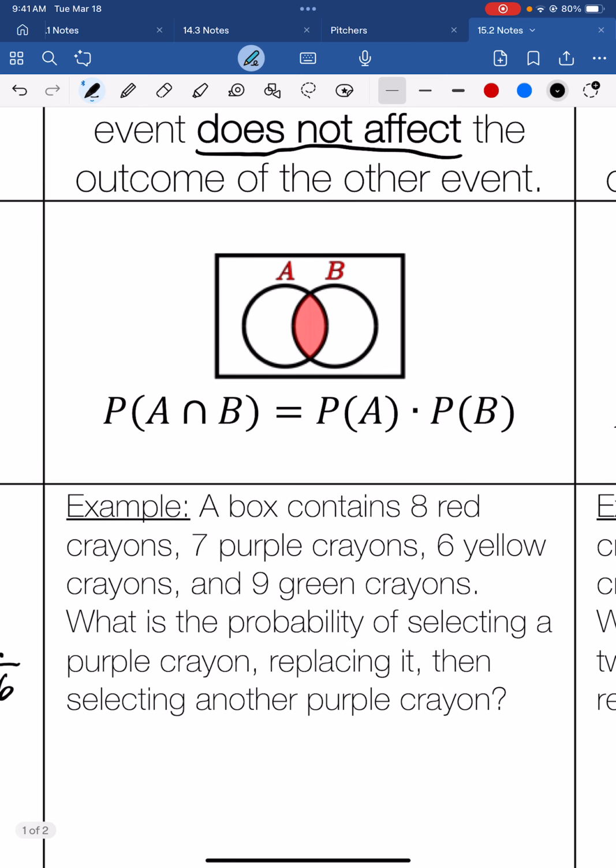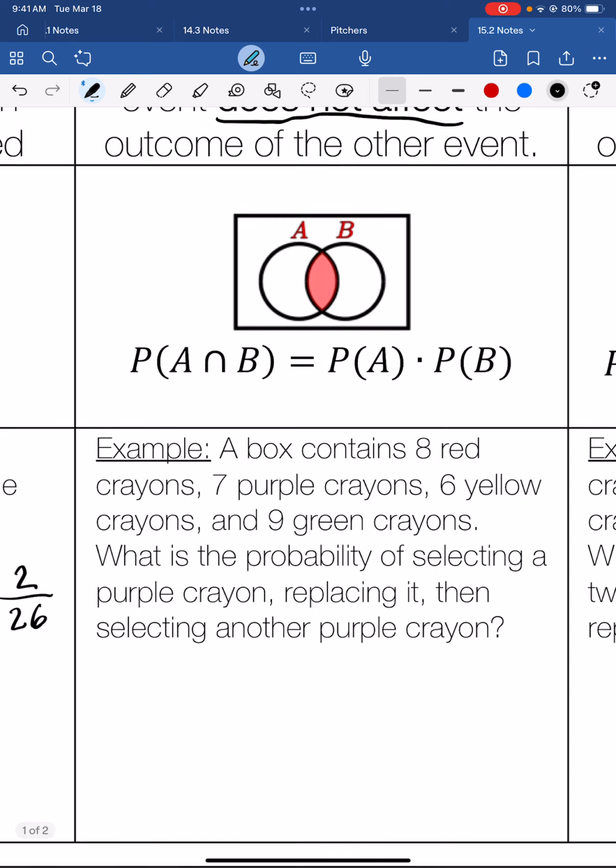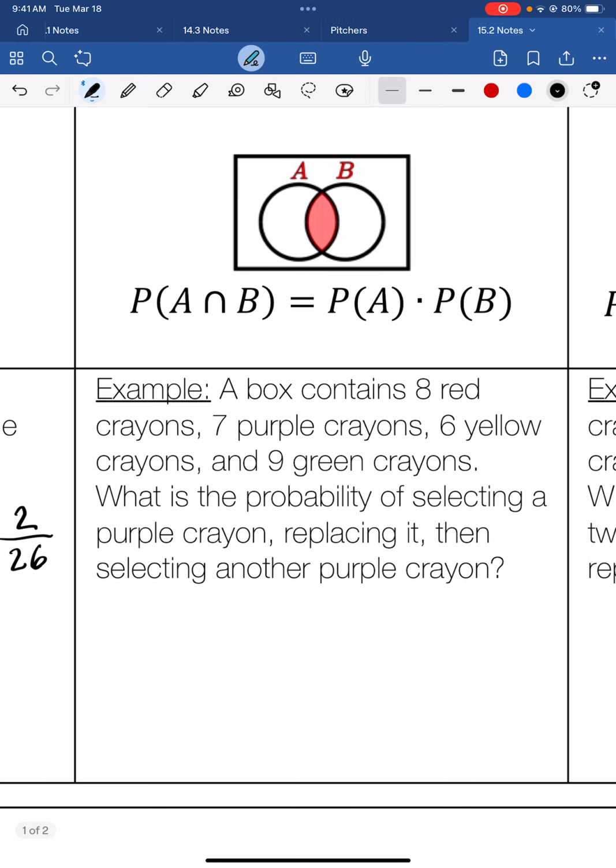It says a box containing 8 red, 7 purple, 6 yellow, and 9 green crayons. What is the probability of selecting a purple crayon, replacing it, and then selecting another? Replacing it just means putting it back in to the box. We're not taking it out and leaving it out.